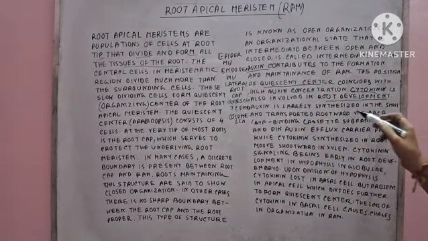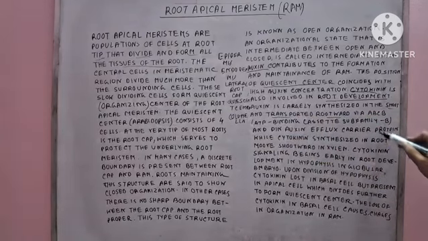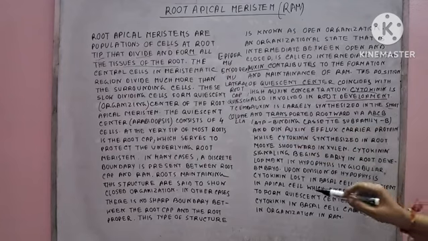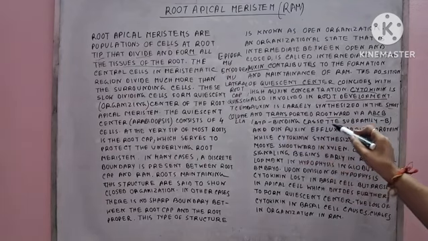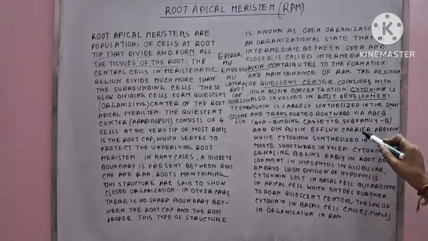Auxin is generally synthesized in the shoot and transported rootward via ABCB, the ATP binding cassette subfamily B, and the PIN auxin efflux carrier protein.